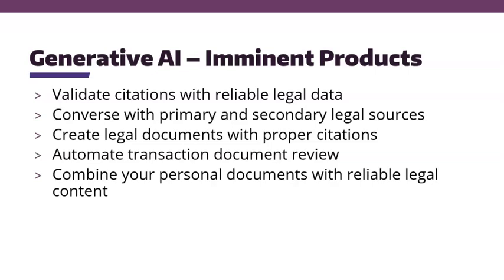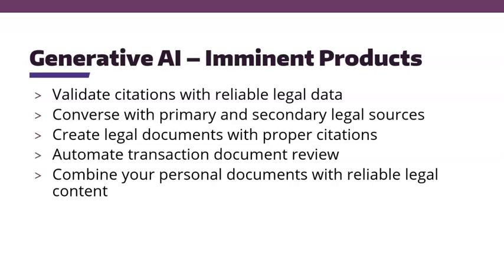So what can we expect? We've talked about what lawyers do in terms of their functions and in terms of the processes that they go through. Where are we headed? So one area that we're headed is probably with validated citations, relying on reliable legal data. Database vendors are giving us tools now that look up cases and tell you whether they're legitimate cases and even whether they're good law before they ever deliver the result to you.